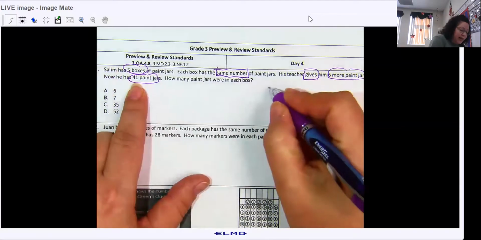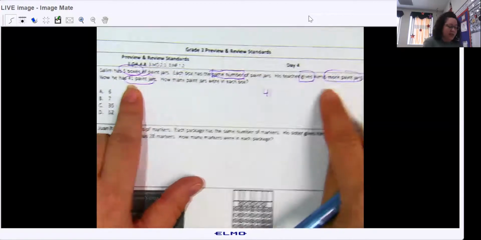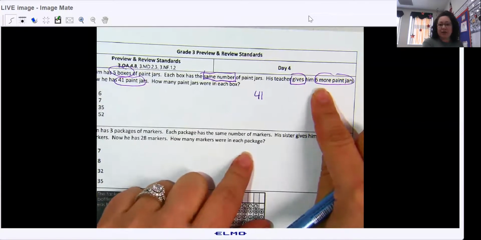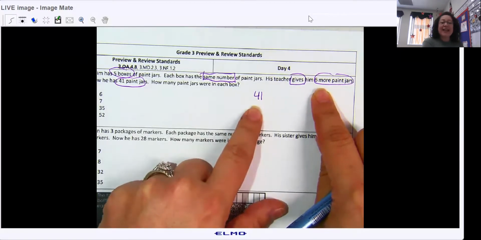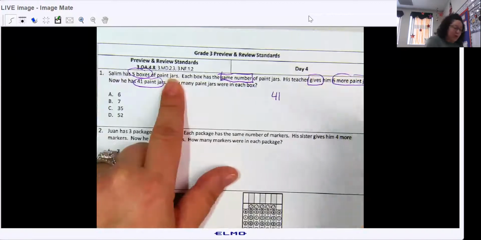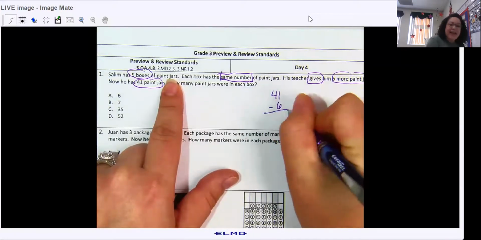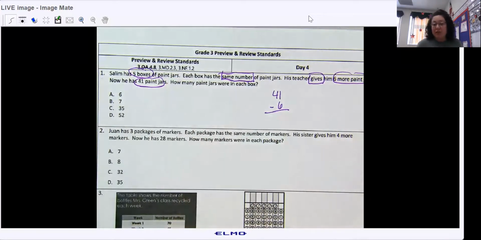At the end, he has 41 paint jars. His teacher gave him more. So we're not going to add that. We're going to take that away from that 41 total to see what he had before the teacher gave him some more. Okay, so hopefully that makes sense to you.